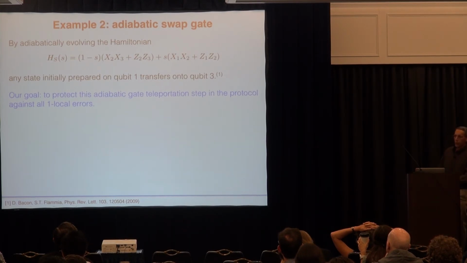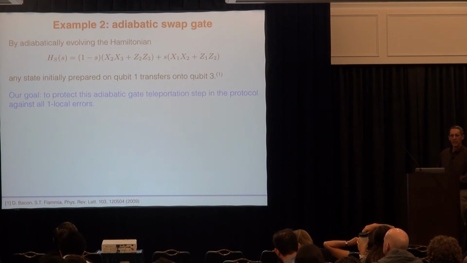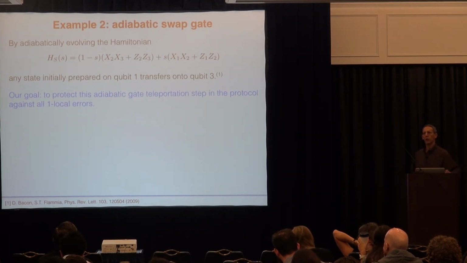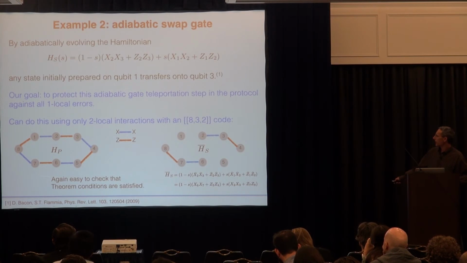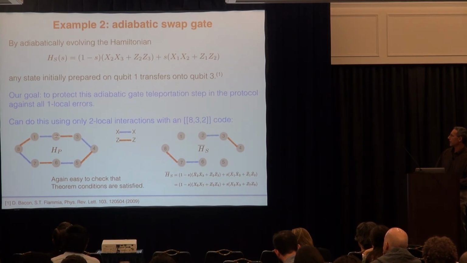So what we would like to do now is to take this adiabatic swap gate and protect it against one-local errors using just two-local interactions. And this we can do. We need an [[8,3,2]] code. So here are the 8 qubits. And it turns out that the penalty Hamiltonian in this case is just the sum of XX and ZZ terms, as indicated here.